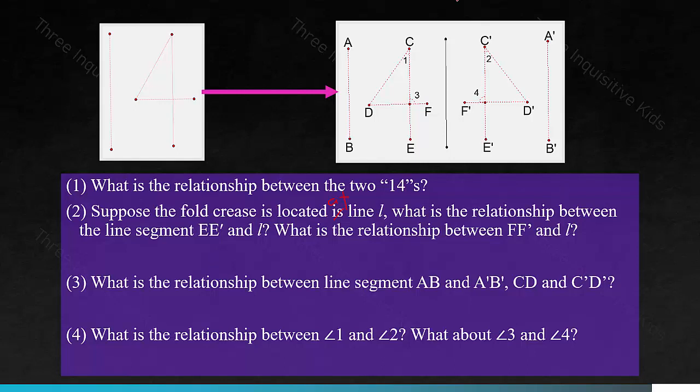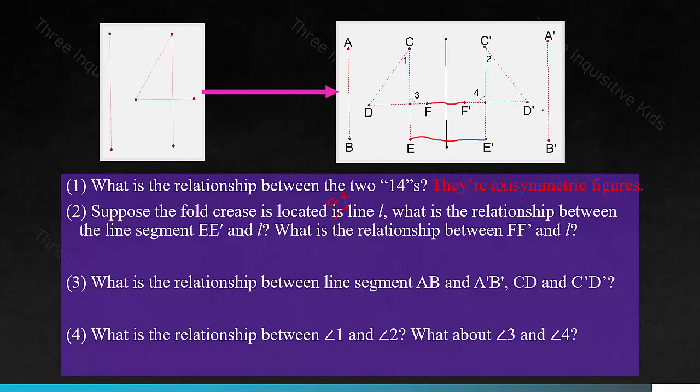As you can see, both these 14s are axis symmetric figures, or you can say that they are mirror images of each other. Suppose the fold crease is located at line L. What is the relationship between line segment E and E prime, so that would be this line segment, and F and F prime, this line segment?